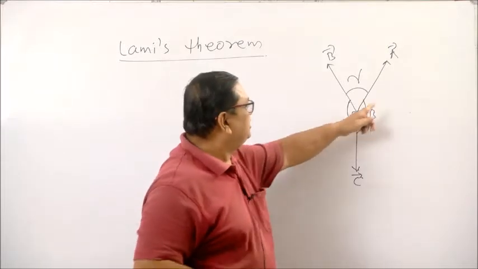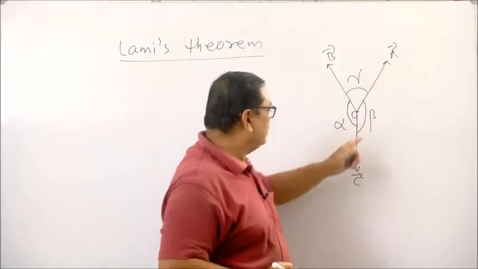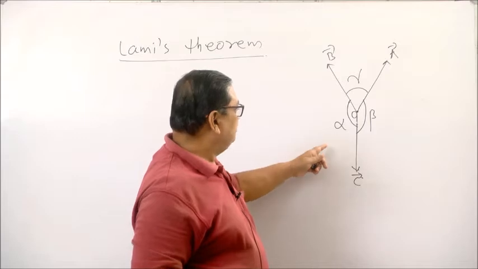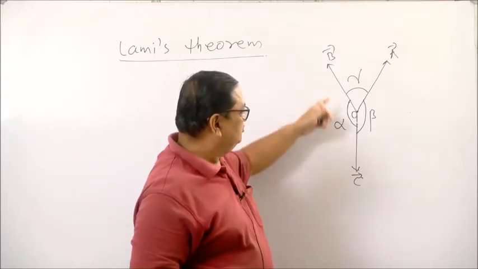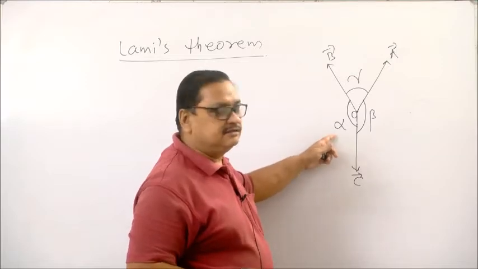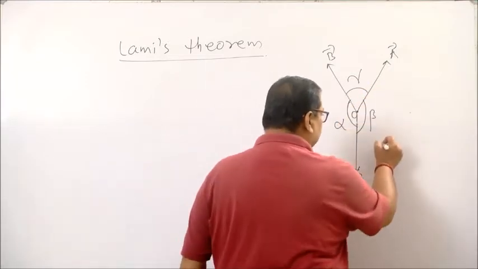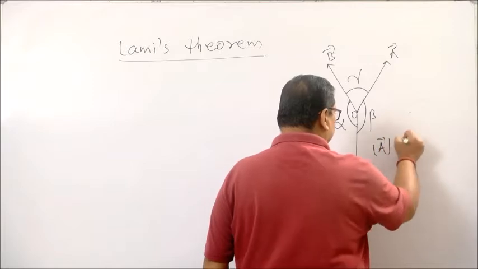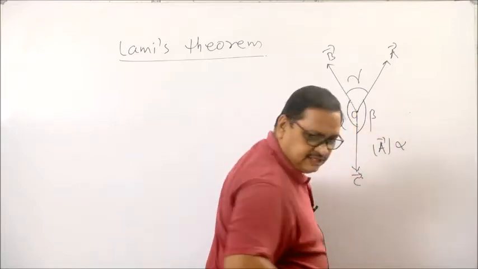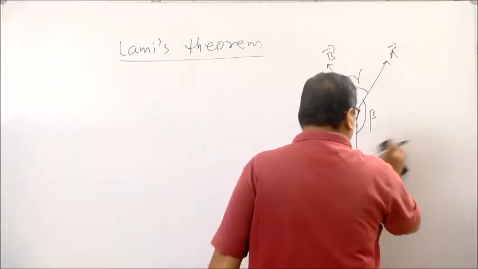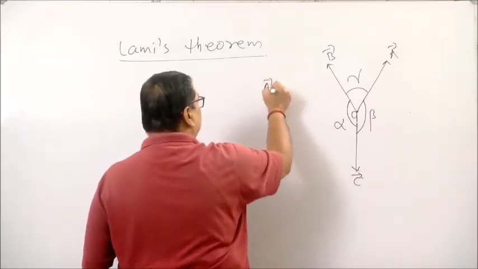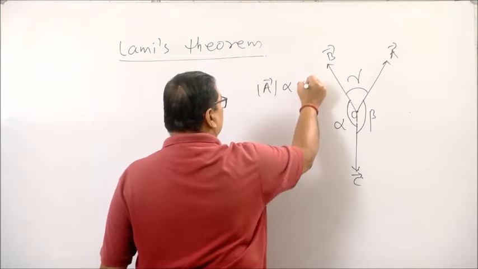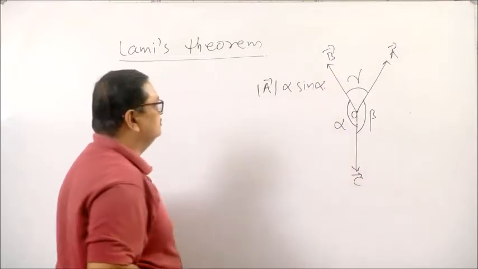then the magnitude of vector A is directly proportional to the sin value of the angle between the other two vectors B and C, that is alpha. That means modulus of A is proportional to sin alpha.